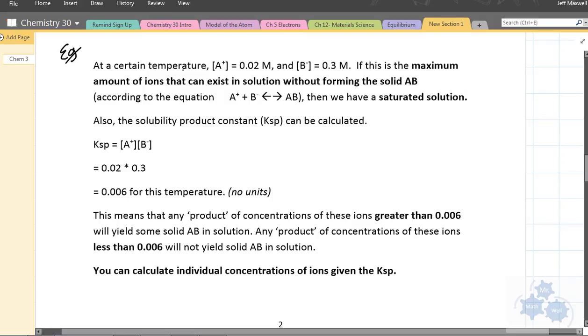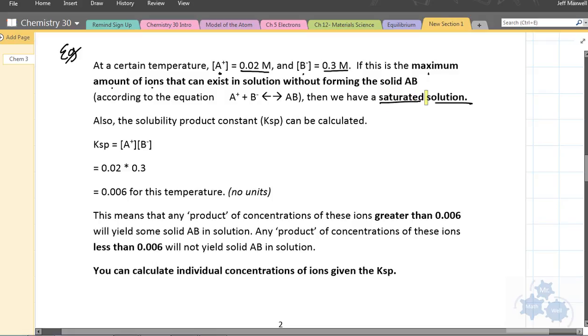At a certain temperature, and remember, solubility is dependent upon temperature, 0.02 molar of this particular ion, A+, and 0.3 molar of B- exists in solution. If this is the maximum concentration of ions that can exist in solution without forming solid AB, then we have a saturated solution.